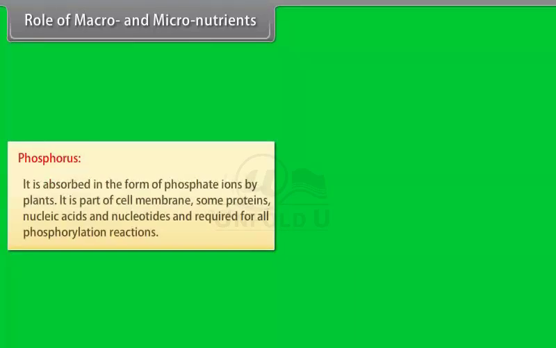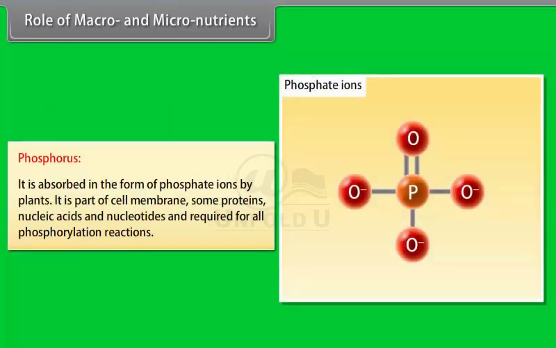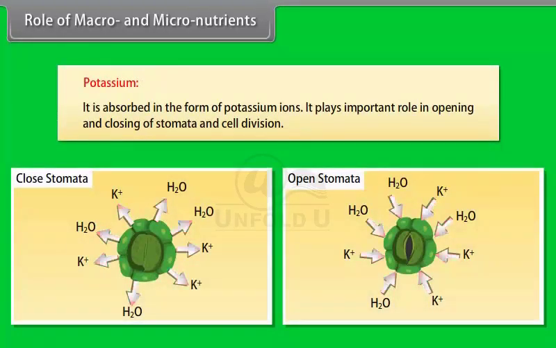Phosphorus. It is absorbed in the form of phosphate ions by plants. It is part of cell membrane, some proteins, nucleic acids and nucleotides, and is required for all phosphorylation reactions. Potassium. It is absorbed in the form of potassium ions. It plays an important role in opening and closing of stomata and cell division.